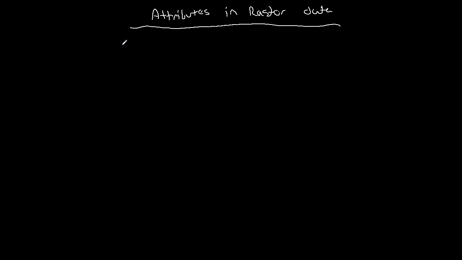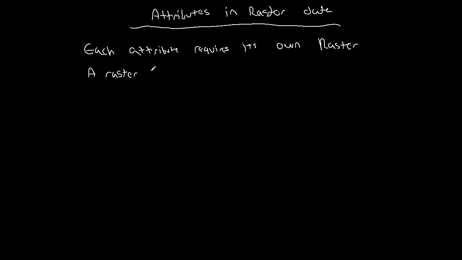Basically, what will happen is each attribute requires its own raster. So put another way, a raster can only hold one attribute.